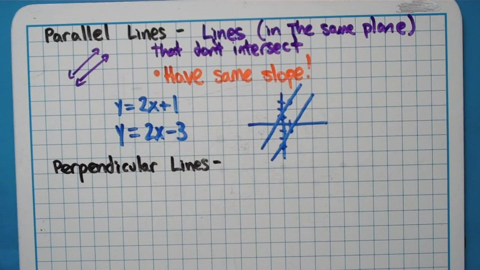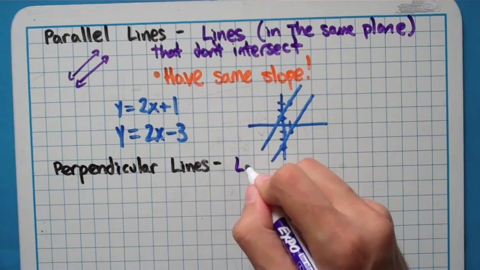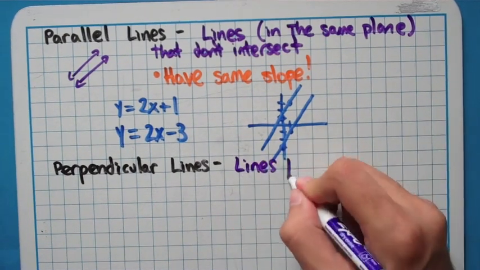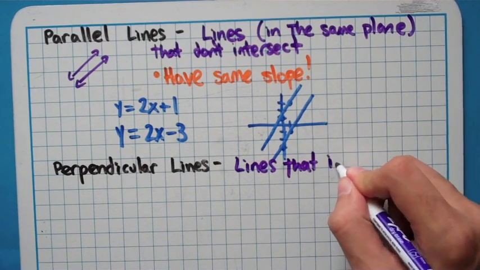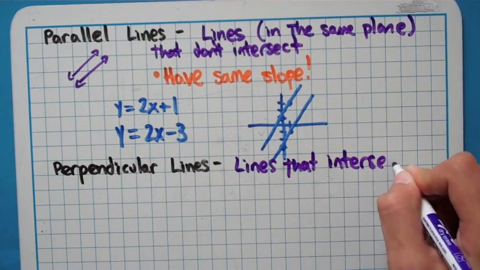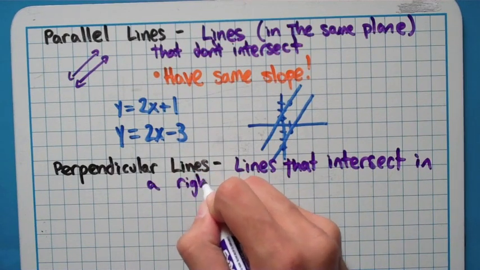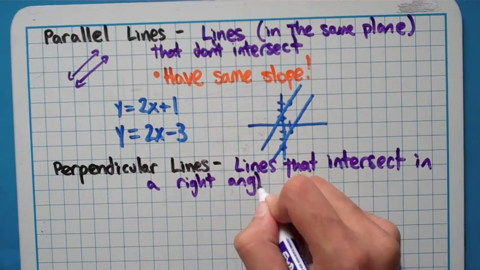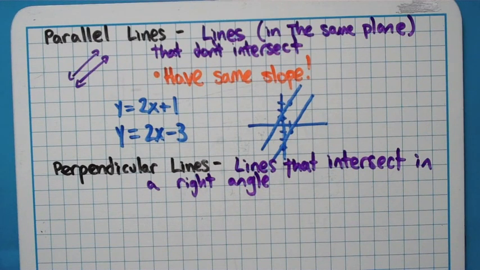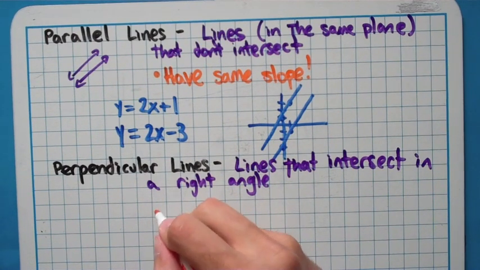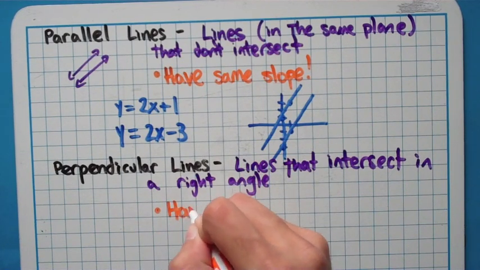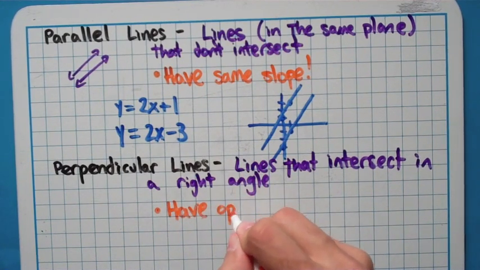Perpendicular lines are lines that form a right angle when they cross. So lines that intersect in a right angle. And the deal with perpendicular lines in terms of their equations is that they have opposite reciprocal slopes.